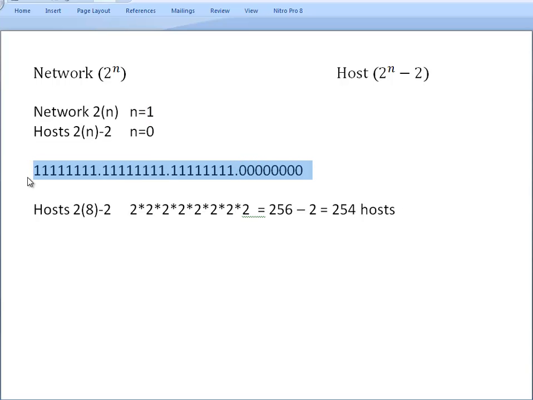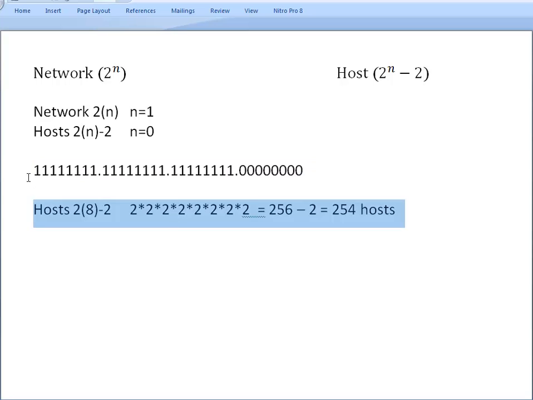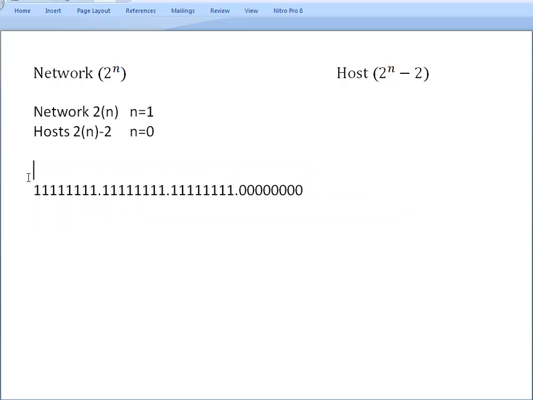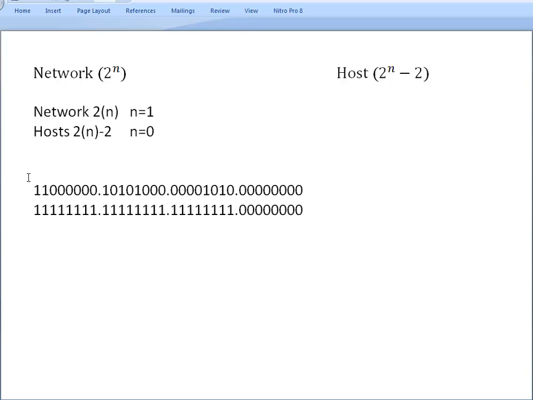Okay. Now, say that I have an IP address. You've been given this IP address in binary: 11000000.10101000.00001010.00000000. Hopefully you will know what this IP address is in decimal.